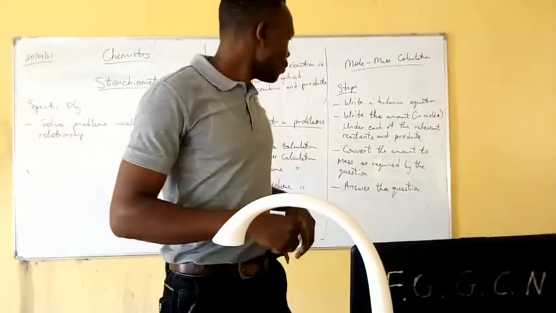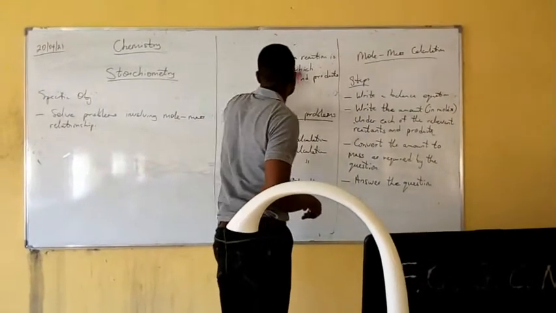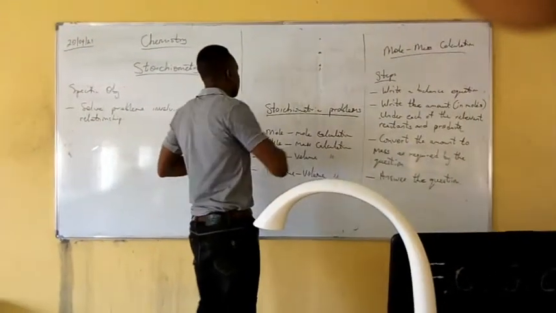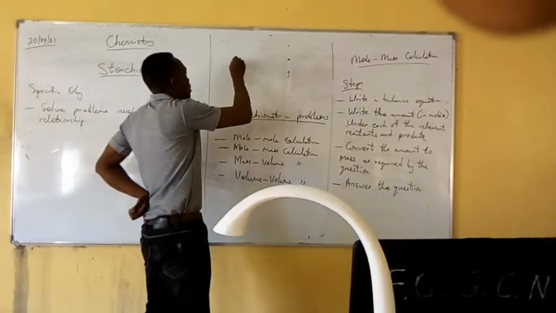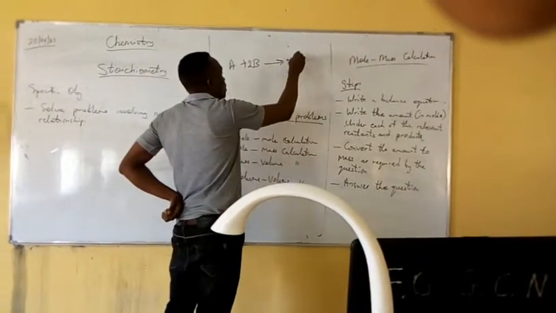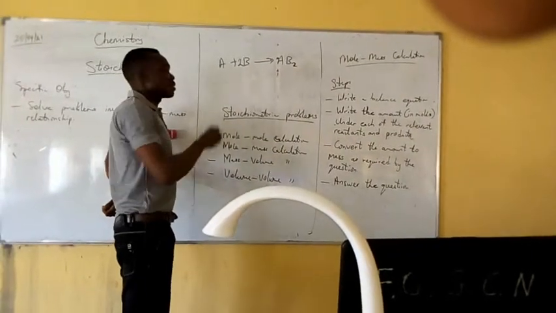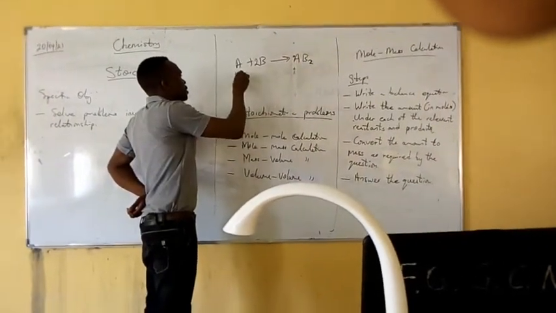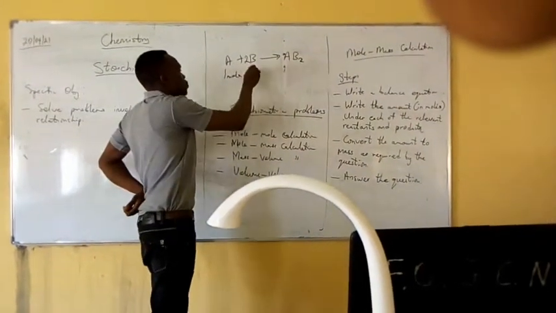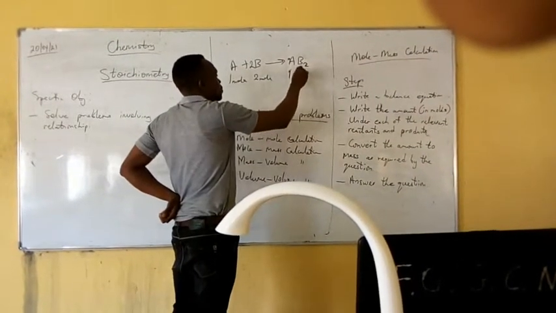So, when we have this reaction, A plus B will give us AB2. For example, the reactant A is 1 mole, while reactant B is 2 moles, while the product AB2 is 1 mole.